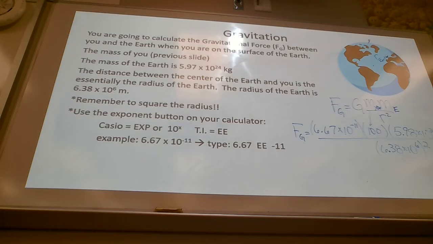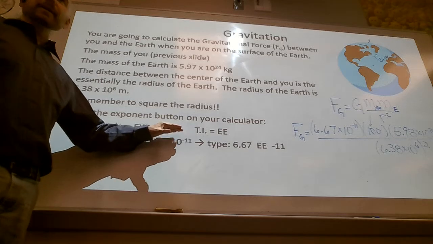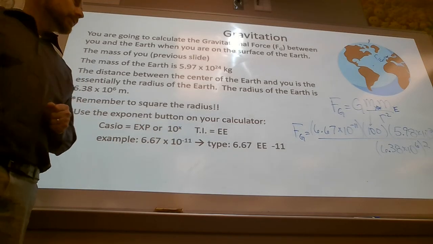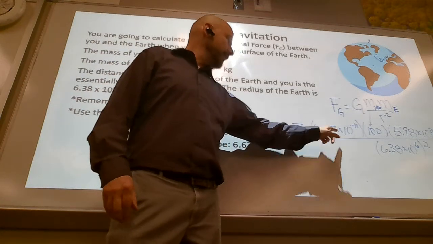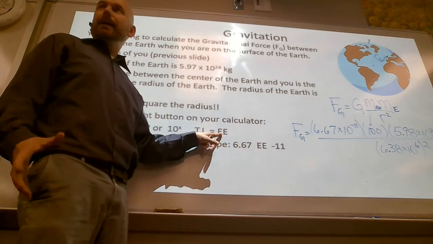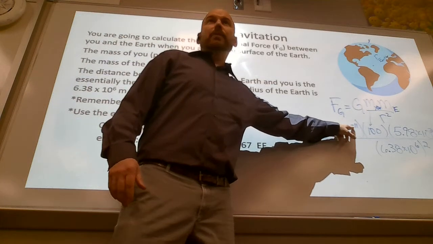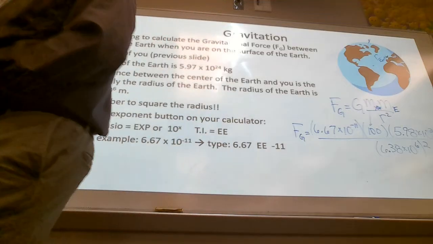Some of you have a times 10 to the X button. If you have a Casio, you're looking for the EXP button or times 10 to the X button. So you're going to type in 6.67 EE. That takes care of times 10 to the negative 11. Don't hit subtract, but hit negative 11. That takes care of that.